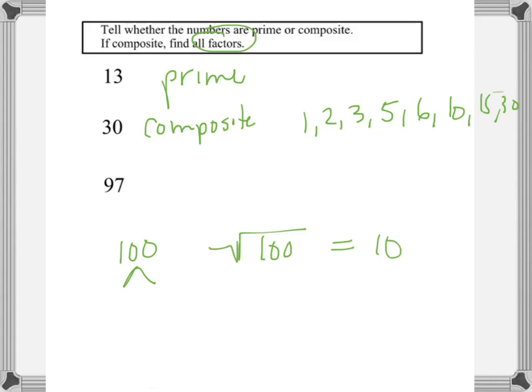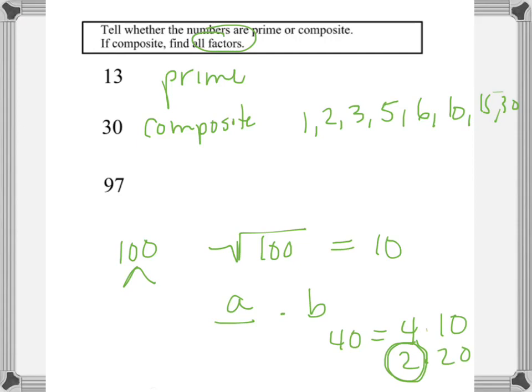So any number below 100 can be written as a product of something below 10 and maybe another number. For instance, 40, I can write that as 4 times 10 or 2 times 20. At least one of the factors would be below 10.